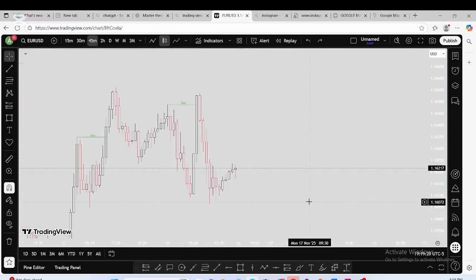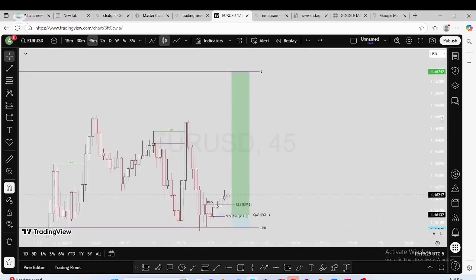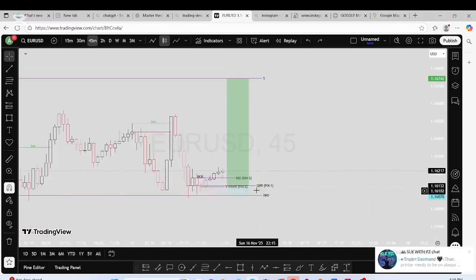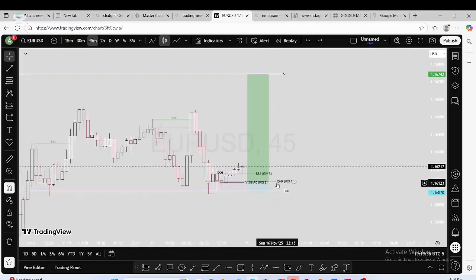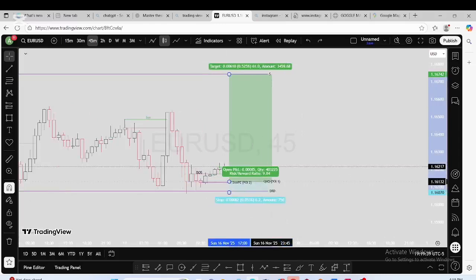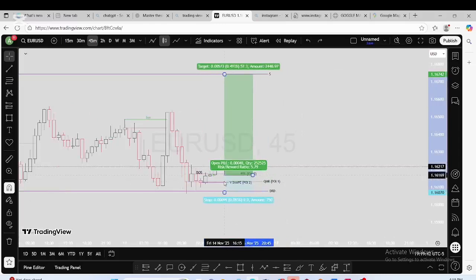I'll put a buy limit around my first POI, sorry guys, I'm having network issues.